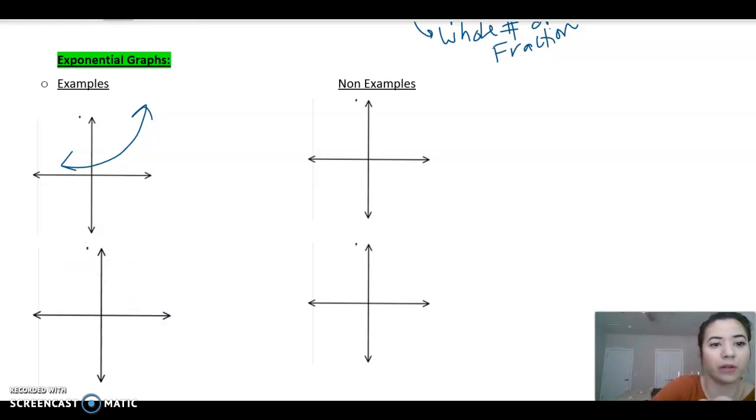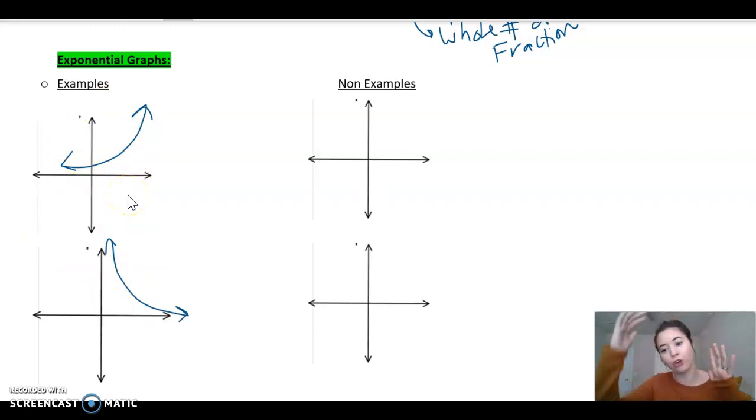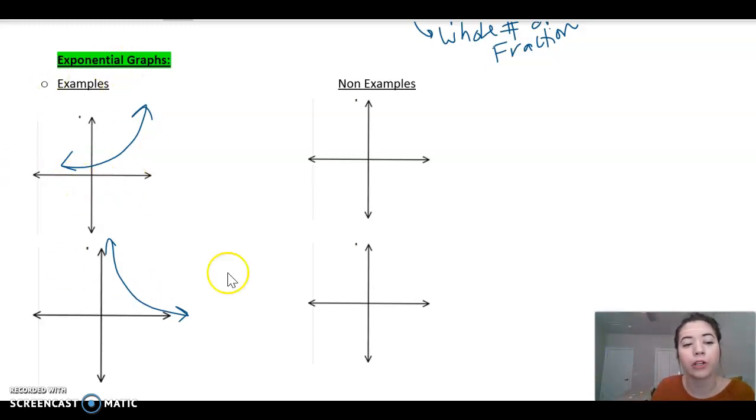I don't like that one. Now these two are going to be the main two that we focus on, but anything that has this curve to it, where one side flattens out, or one side gets as straight as possible, those are going to be our exponential graphs.